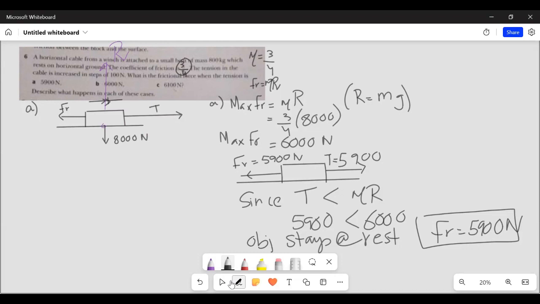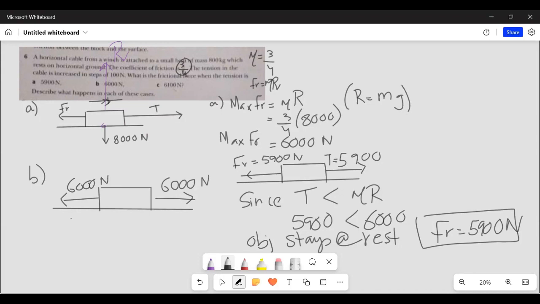So that's part A. Part B में the force increases to 6,000 newtons, but that is still equal to the maximum limit of friction. 6,000 newtons friction भी हो गयी.